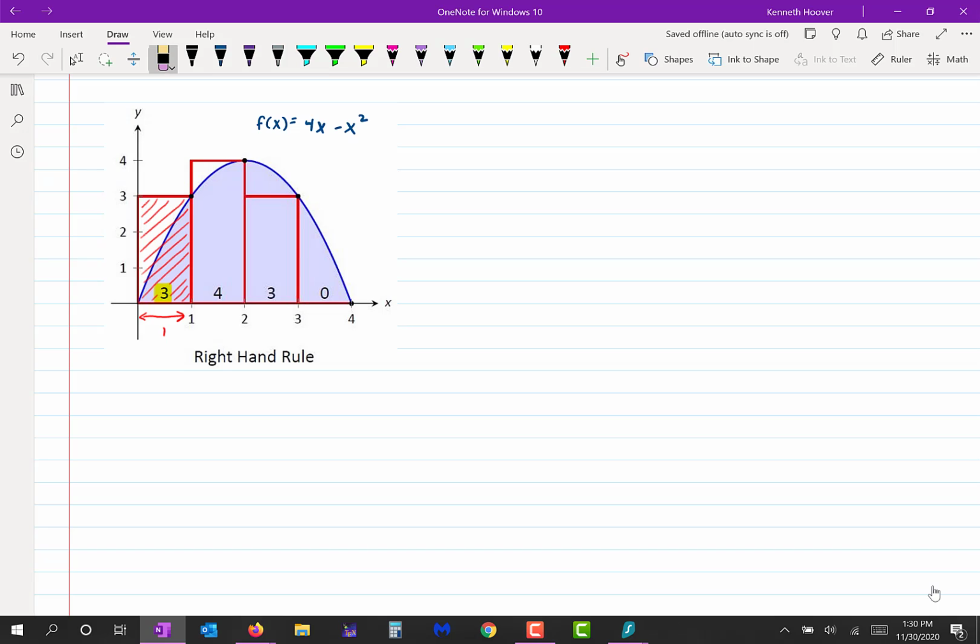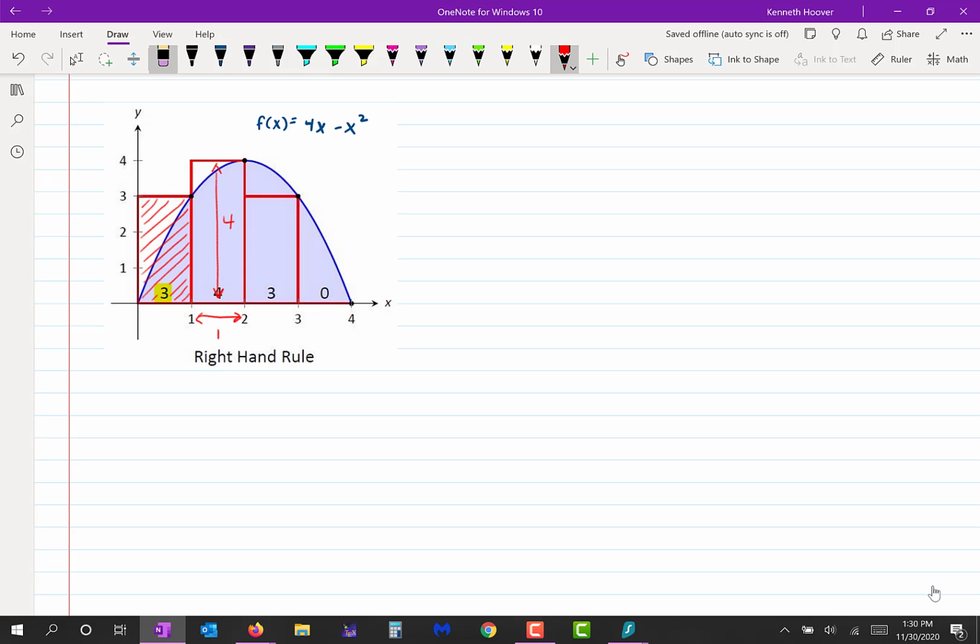Now let's go to the next rectangle. Okay, the right hand end point is a 2. What is f of 2? F of 2 is 8 minus 4, which is 4. Okay, so the width of this rectangle is 1, and the height is 4.